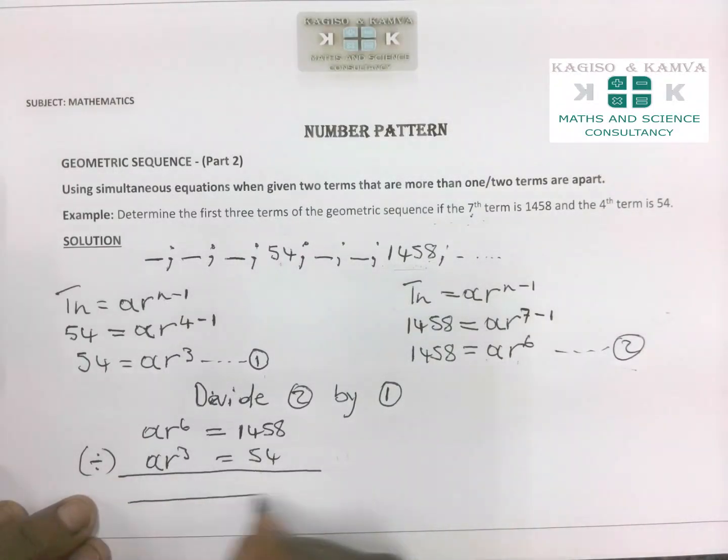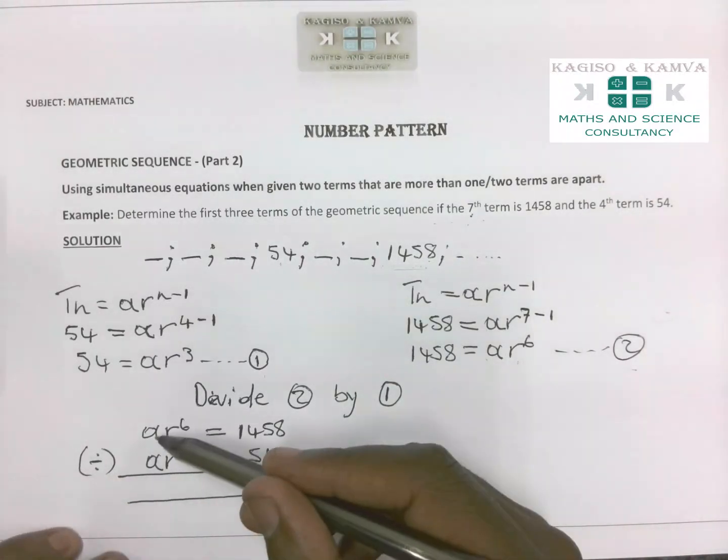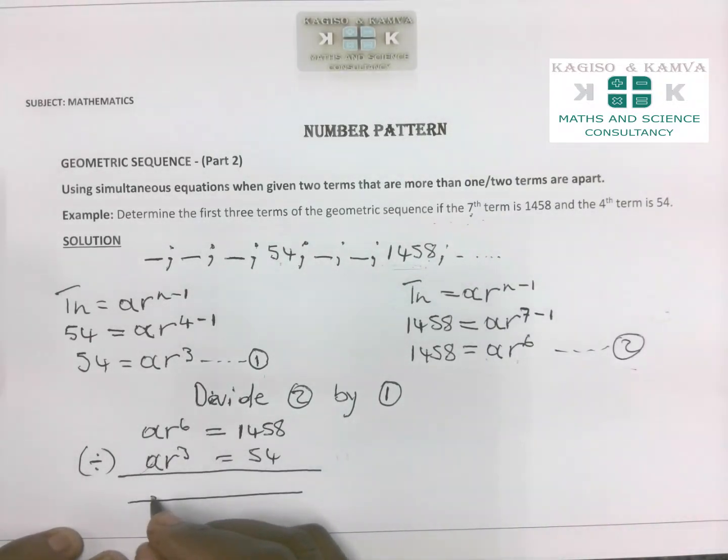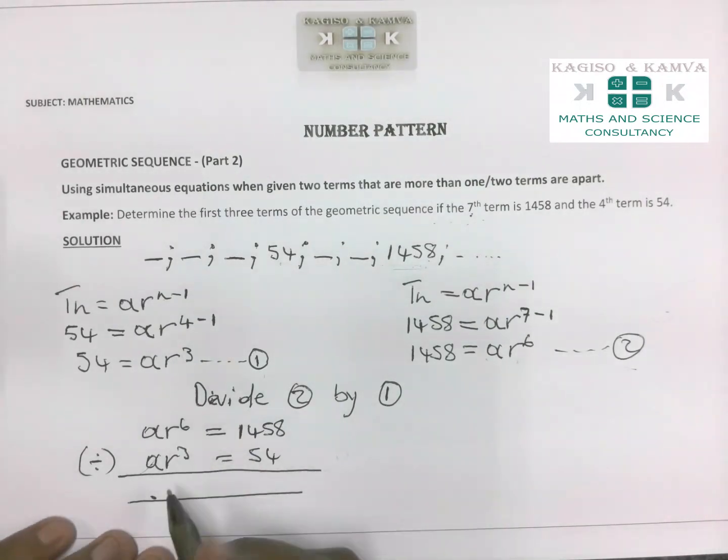When we divide a by a, they cancel out. Then we have r to the exponent 6 divided by r to the exponent 3. When dividing exponents with the same base, the exponents subtract.